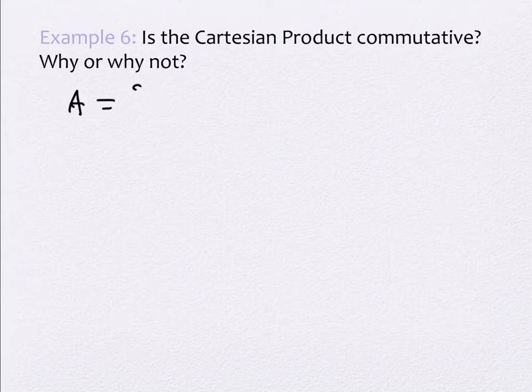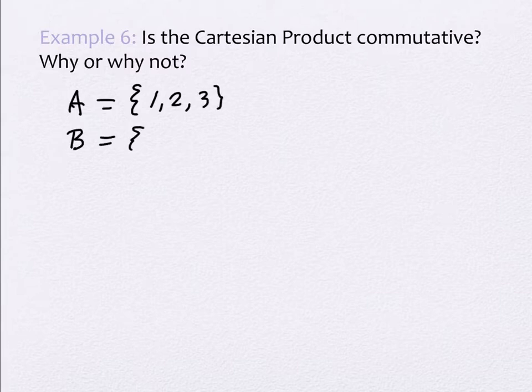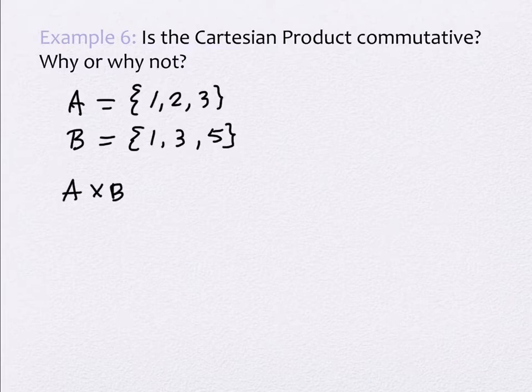If I had a set A that's A, B, C, I'll use numbers because it'll be an easier diagram to think about in a moment. And I have the numbers B that are this. What does the Cartesian product look like?